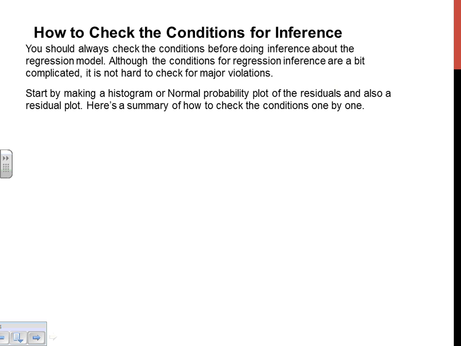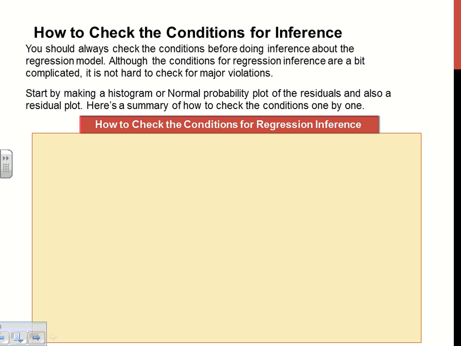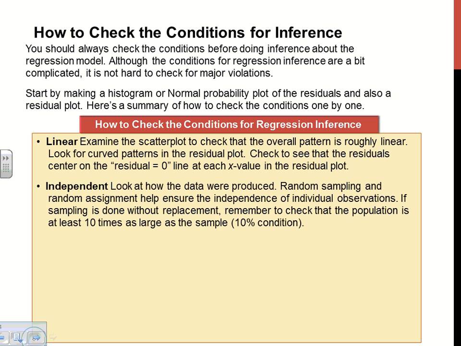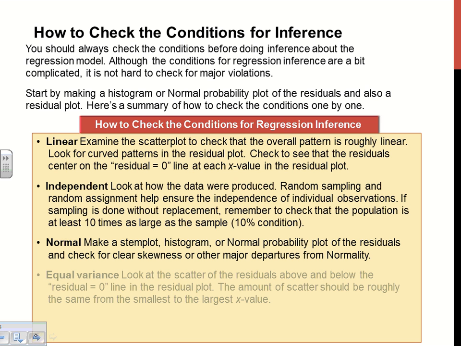Okay, so how to check the conditions for inference. You should always check the conditions before doing inference about the regression model. Although the conditions for regression inference are a bit complicated, it is not hard to check for major violations. Start by making a histogram or normal probability plot of the residuals and also a residual plot. Here's a summary of how to check the conditions.